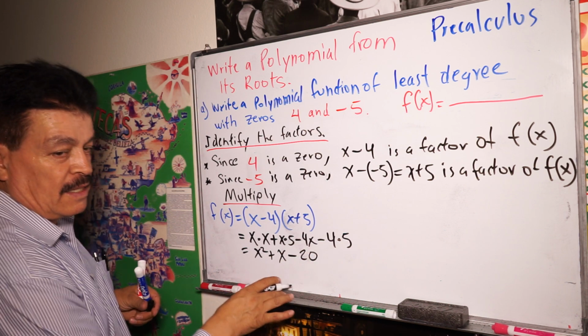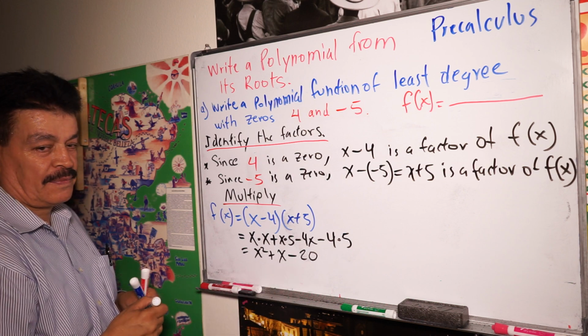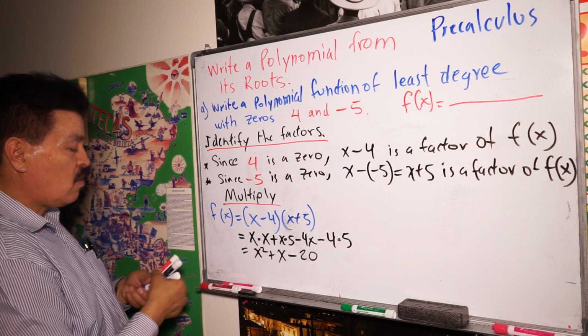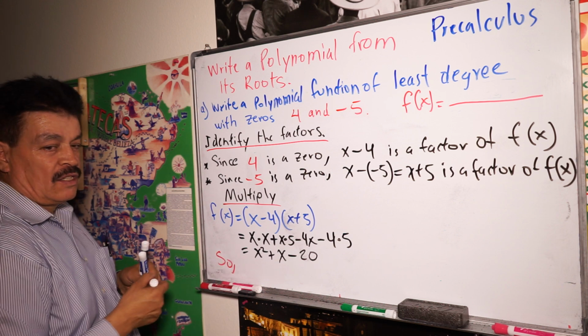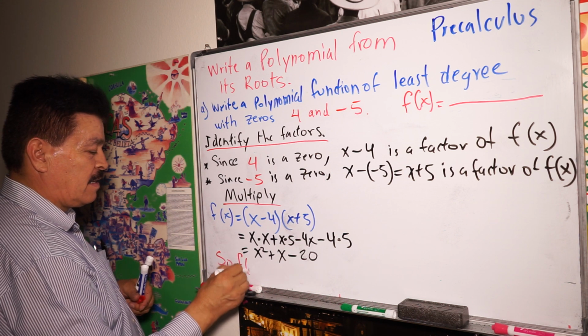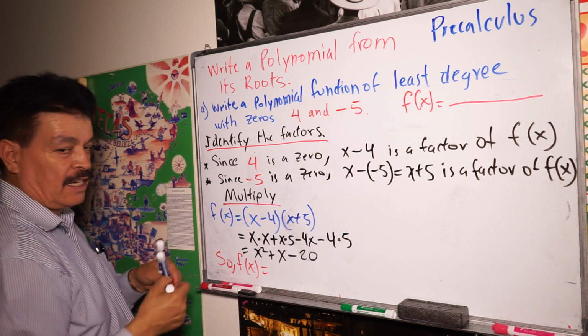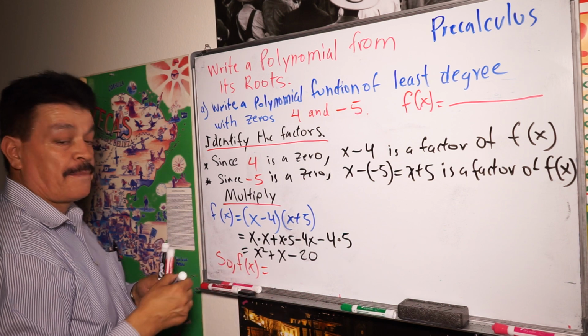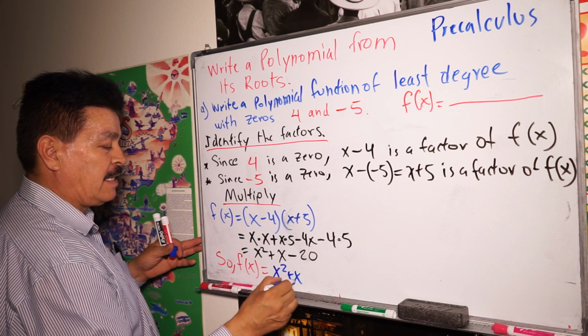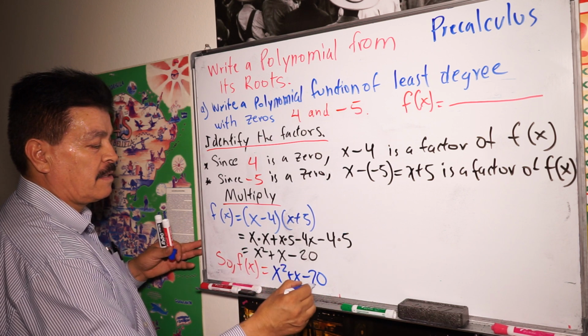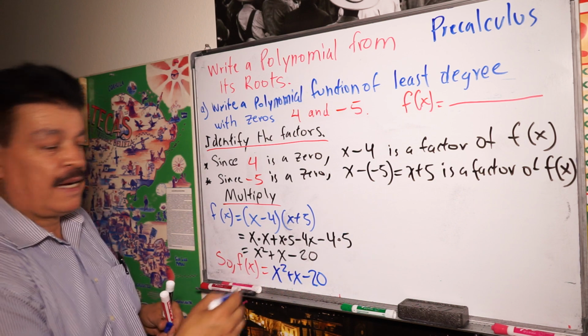So the conclusion here: f(x) equals x to the second power plus x minus 20. All right, very important.